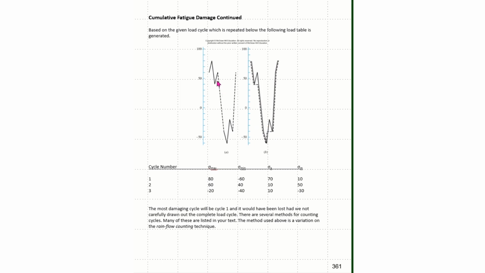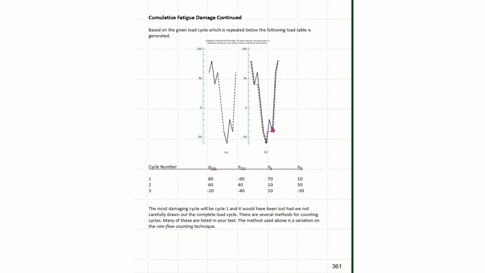So hopefully you can see how we take this tension stress load cycle that was given and the compressive load cycle, and if they are followed by each other, then we draw the dashed line here and get what we call the hidden load cycle. And we draw our hidden load cycle as the dashed line, and then we have this cycle for cycle number 2 and this cycle here for cycle number 3.